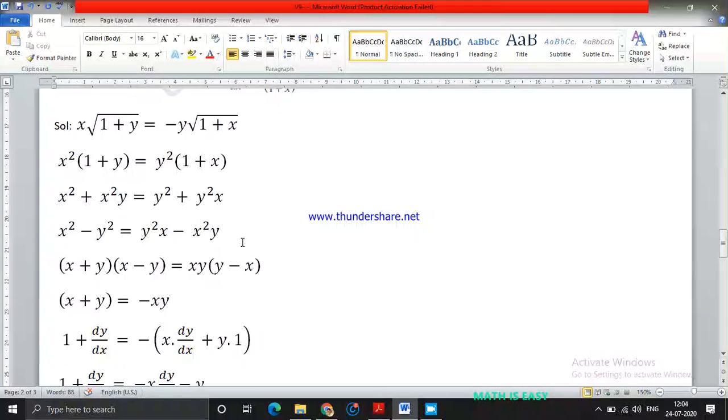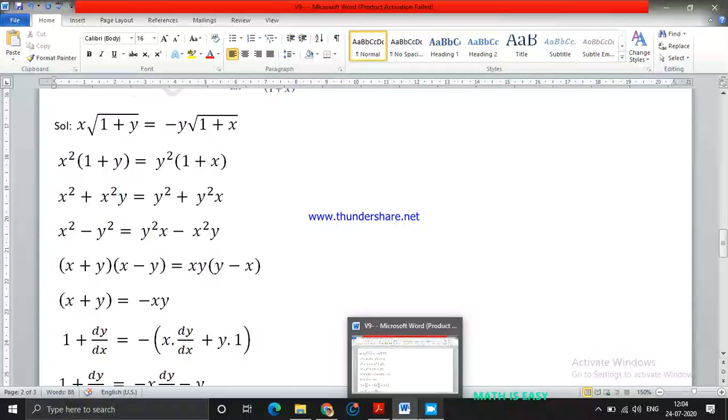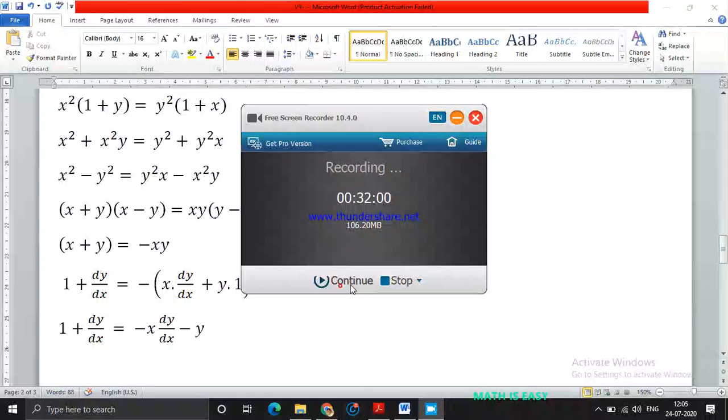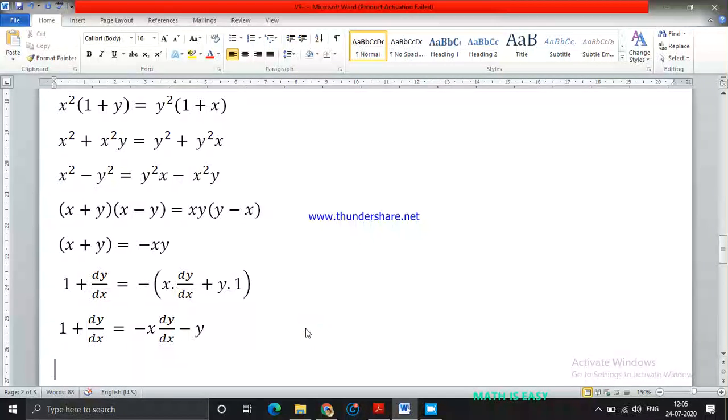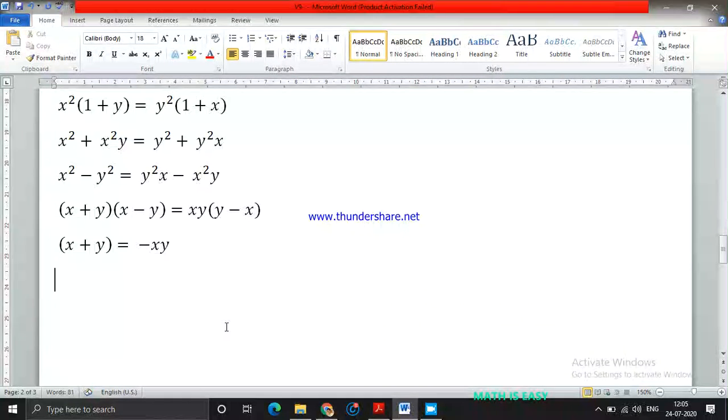If I bring y this side, we make some correction here. Instead of this step, let me remove this step. We are making a mistake here because I want y terms to be one side.